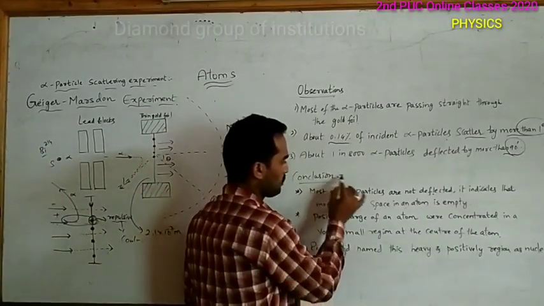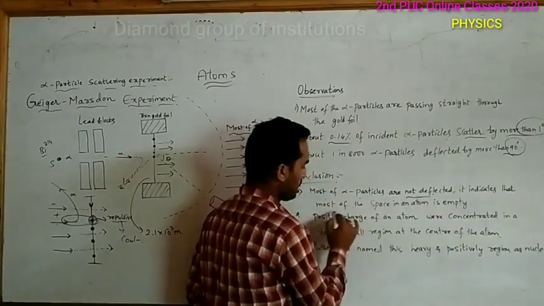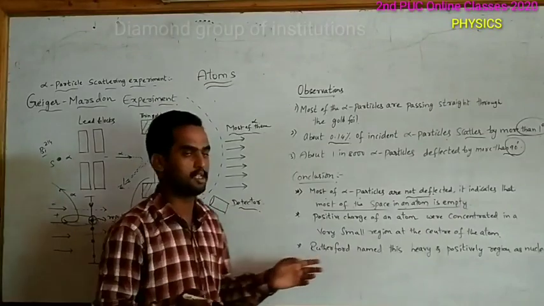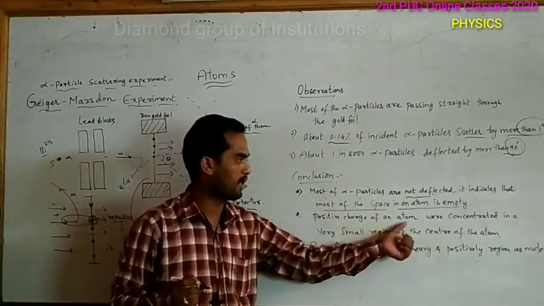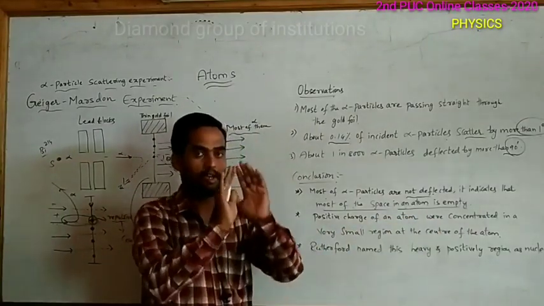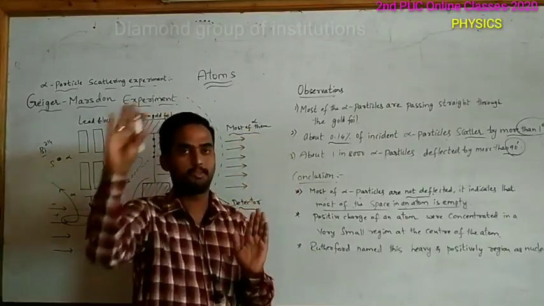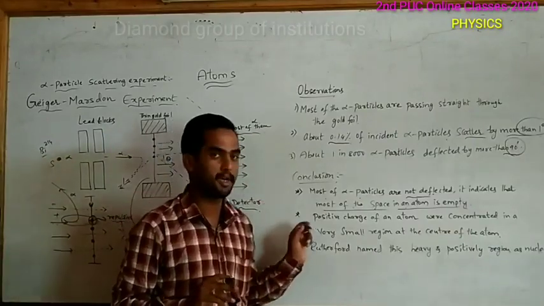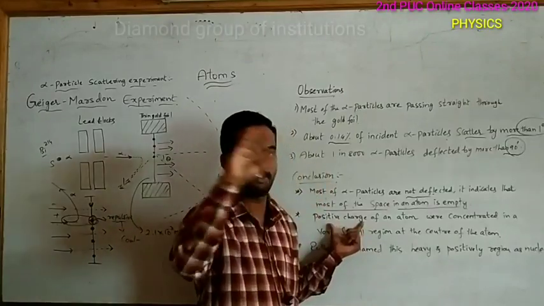See the conclusions once again. Alpha particles are not deflected, so most of the atom is empty. There is an empty space present in an atom. That is the first point. And the positive charge of an atom is concentrated in a small region. According to J. J. Thomson, the positive charge is distributed anywhere. But after the alpha particle scattering experiment, we come to know that the positive charge is not distributed anywhere.